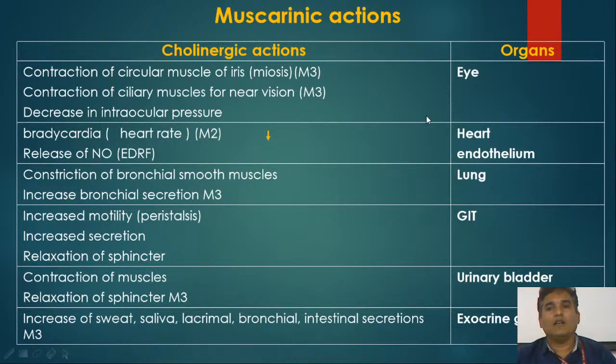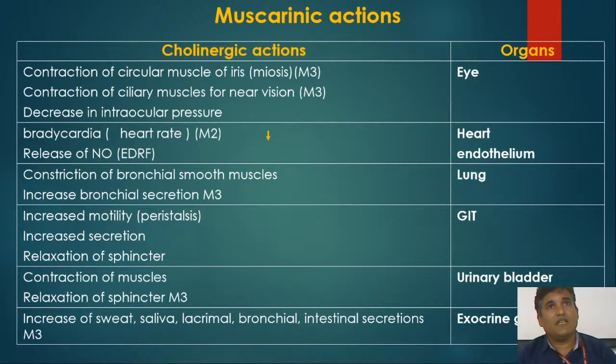On the heart and endothelium, it decreases the heart rate by increasing the concentration of acetylcholine. When acetylcholine acts on the heart, especially on the M2 receptor present on the SA node, it decreases the slope of phase 4 diastolic depolarization of the SA node, and you can say it decreases the heart rate.